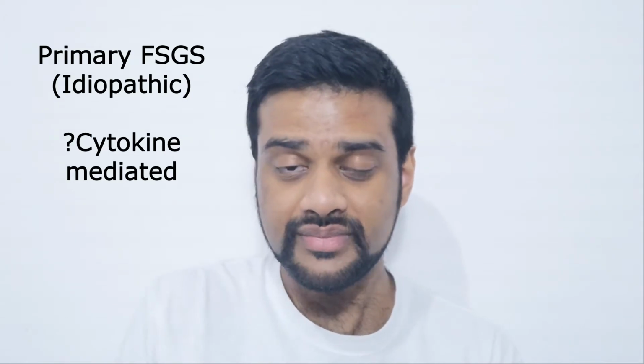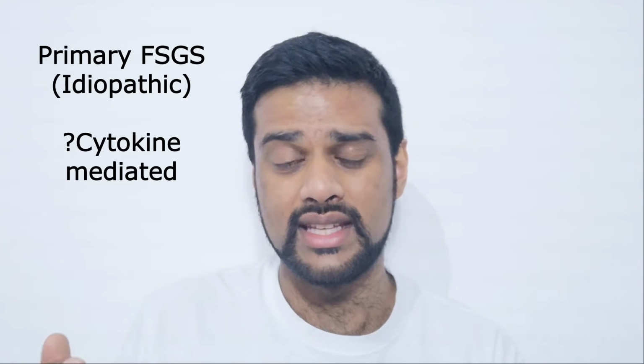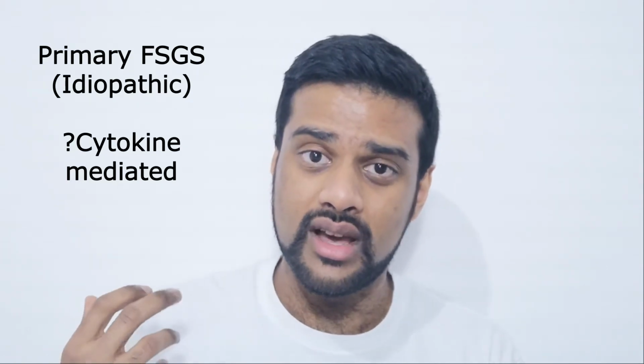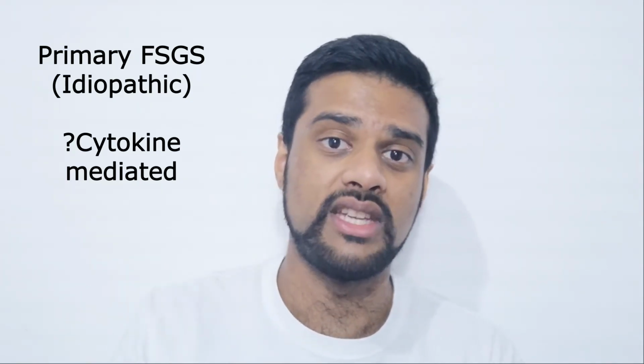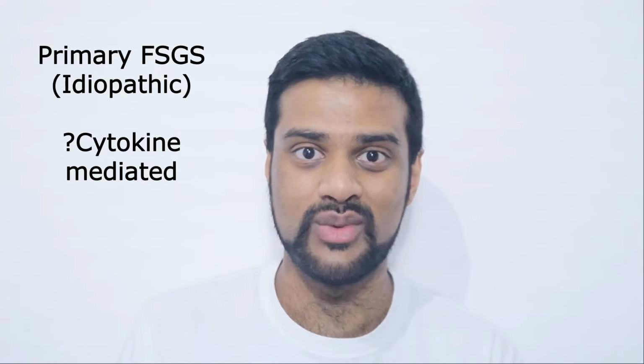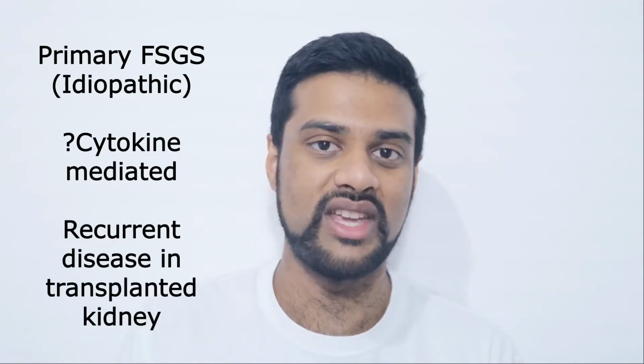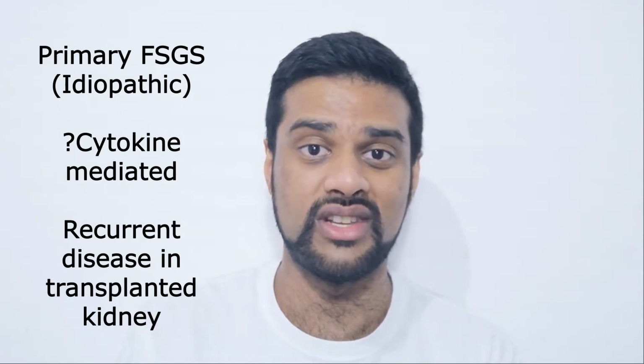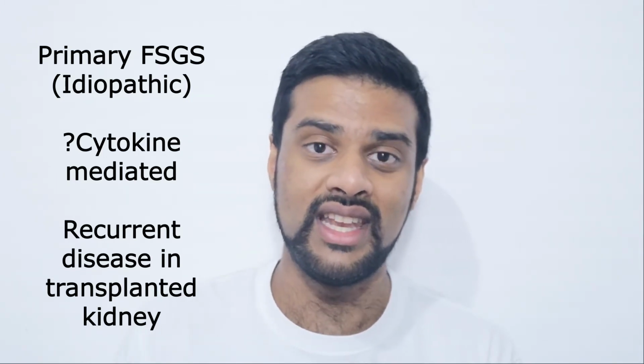We think that there is some sort of cytokine mediated damage to the glomeruli, and we know this because we've, for example, in one case gave a renal transplant to a patient with FSGS, and they actually developed a nephrotic syndrome. They did a biopsy and they found that it was primary FSGS. They then took that kidney away from the patient, they put it into another patient, just a diabetic patient, and the kidney was fine.